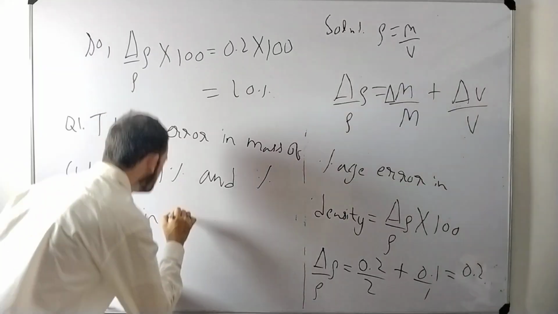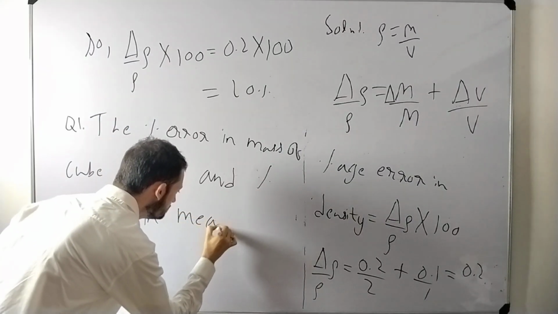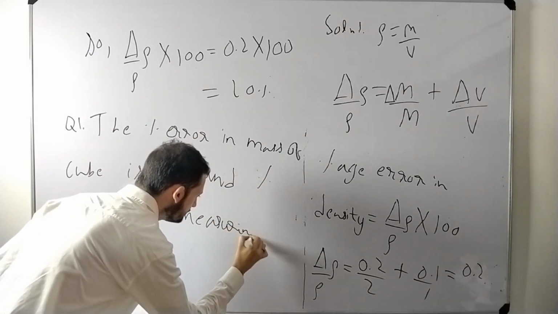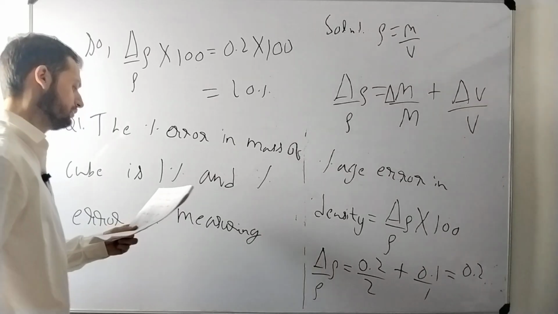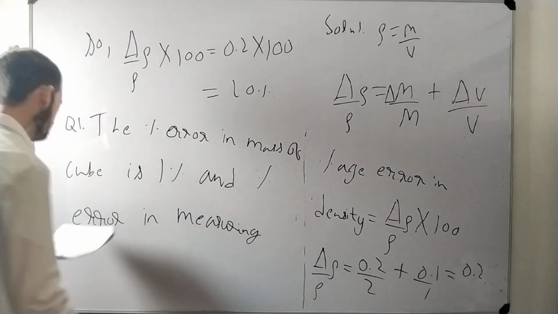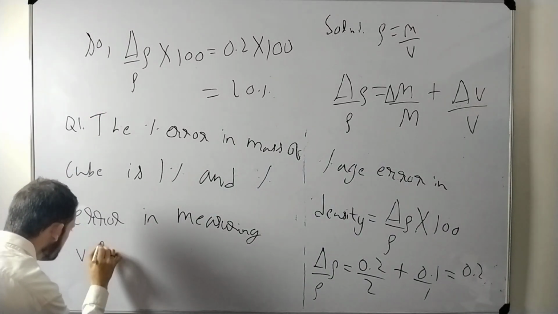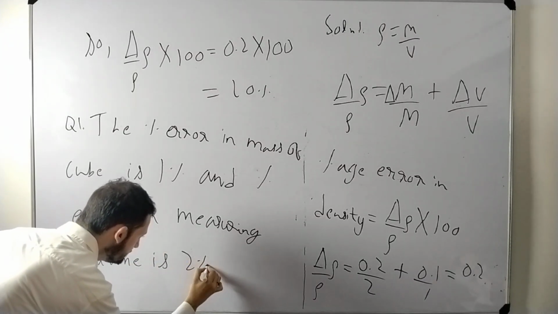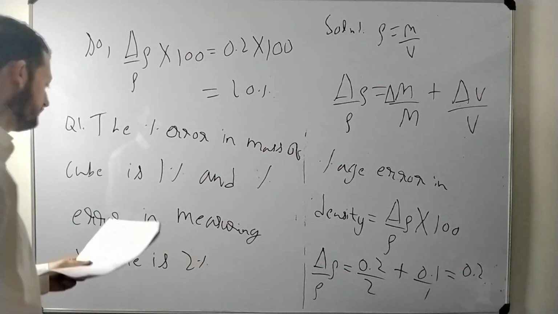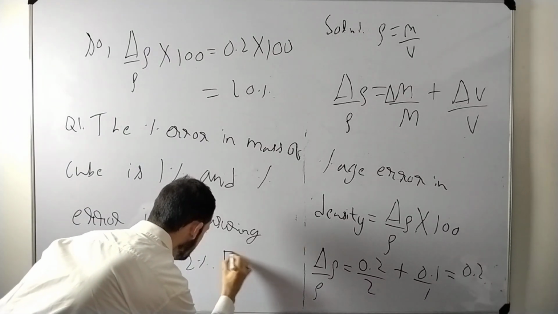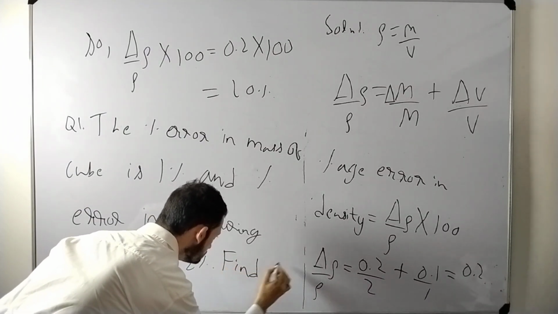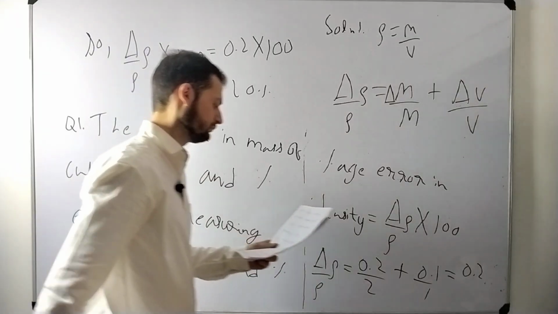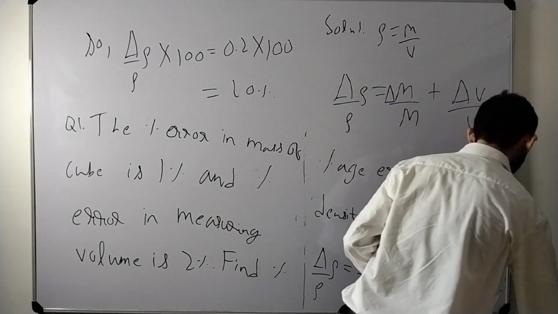Okay, students. In measuring volume is 2%. Find percent error in density.